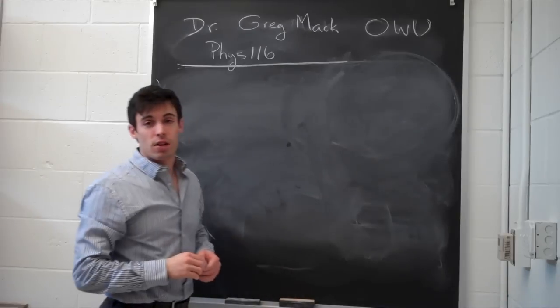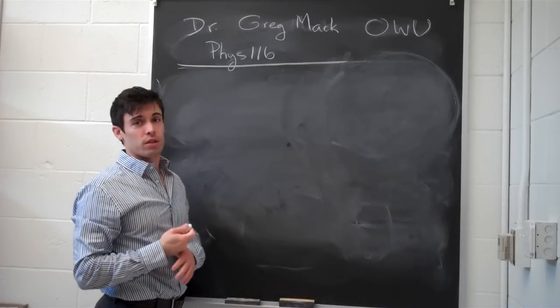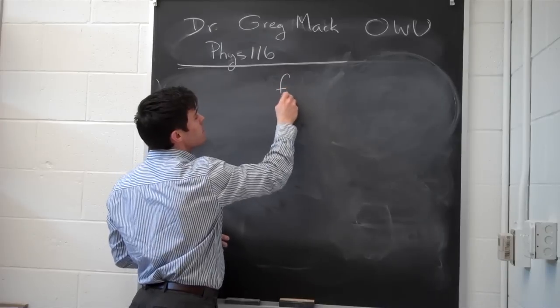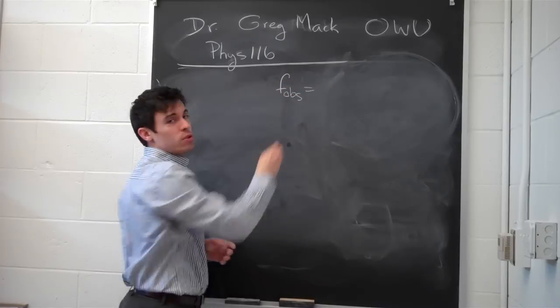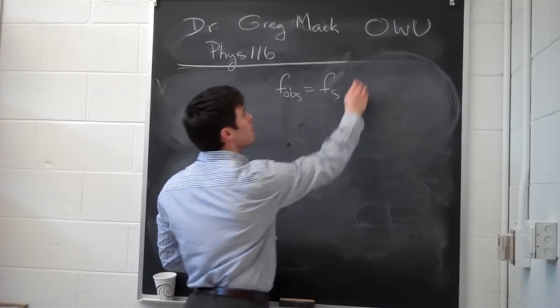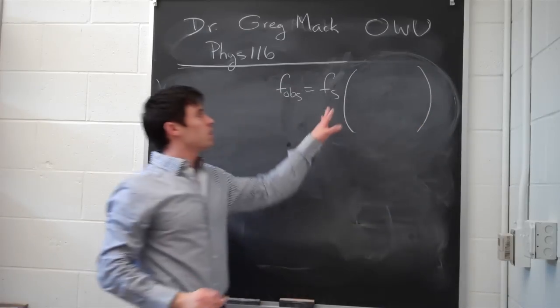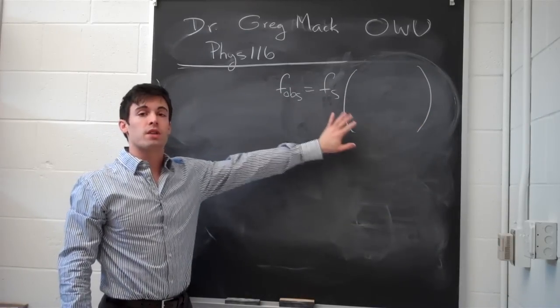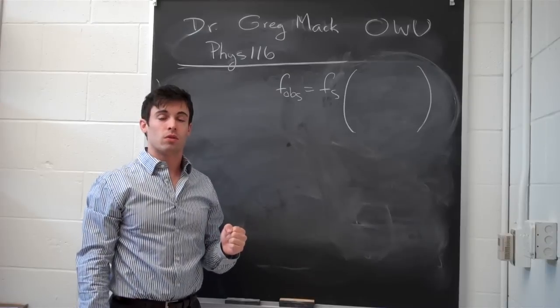We derived this in class, so I'm not going to go completely through all the derivation for that. But what we end up seeing is that the observed frequency is related to the frequency that the source was emitting by a certain multiplicative factor. Okay?